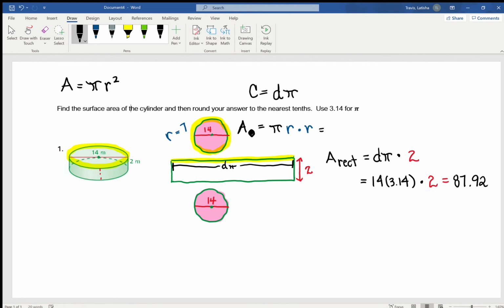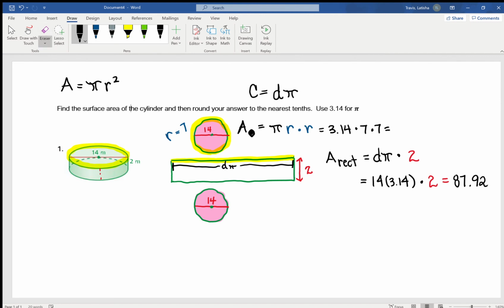So using substitution, we're going to get rid of the pi symbol and put 3.14 in its place. And then times 7 times 7.